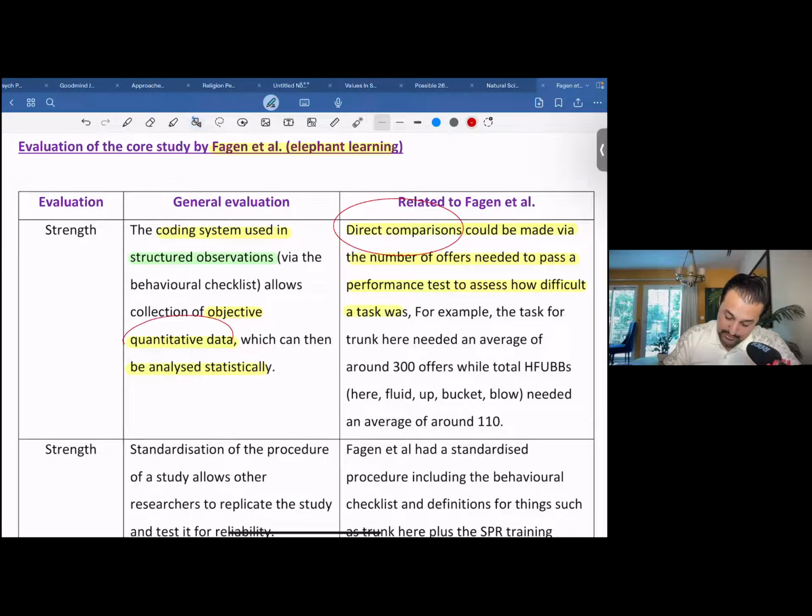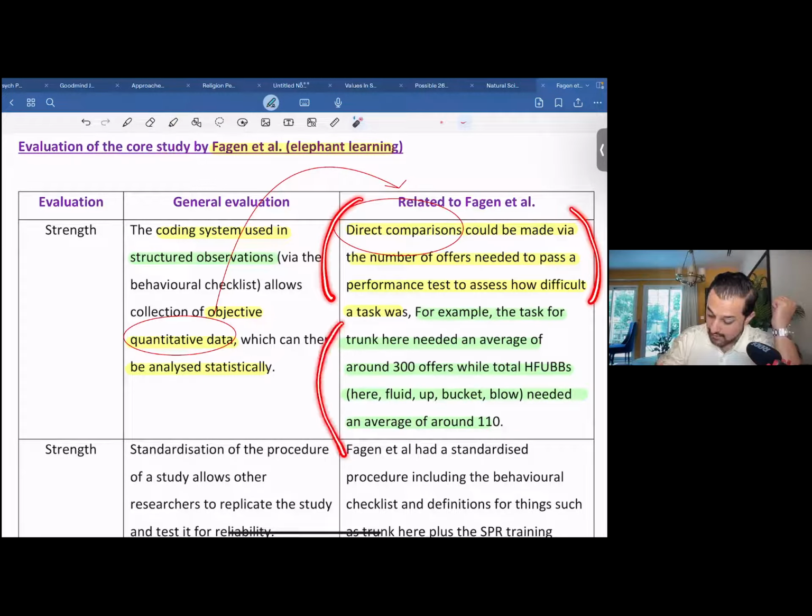You could do this because you had quantitative data, right? Now, for example, the task for trunk here needed an average of around 300 offers, while the task for HFUBB, which stands for here fluid up bucket and blow, needed an average of 110. So this is the linking part, the second part.